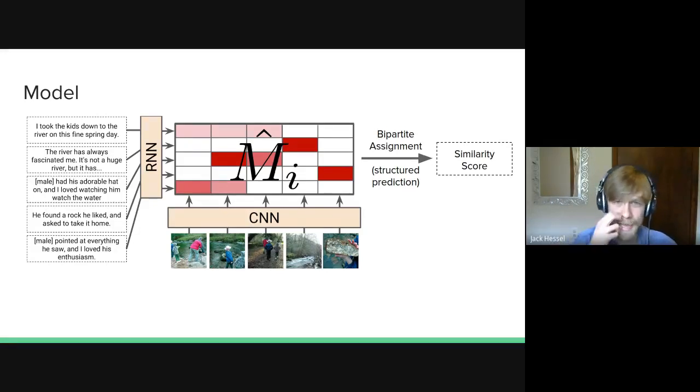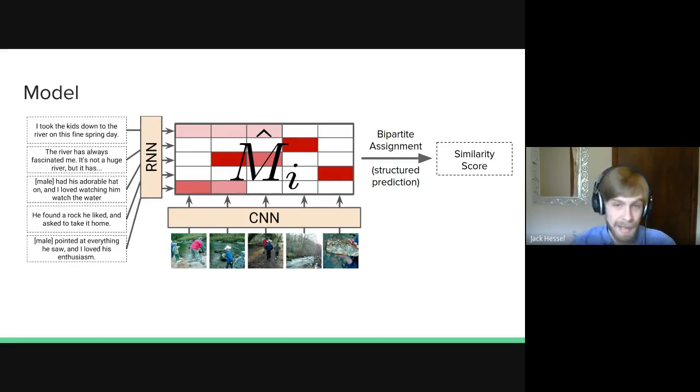Each entry of this matrix corresponds to the model's belief of and strength of an association at this particular point in training. So if an entry is high, the model believes that a particular sentence is associated with a particular image. We're then going to treat this matrix as weights in a bipartite graph between images and sentences. And indeed, it's this matrix that we're going to be evaluating at test time.